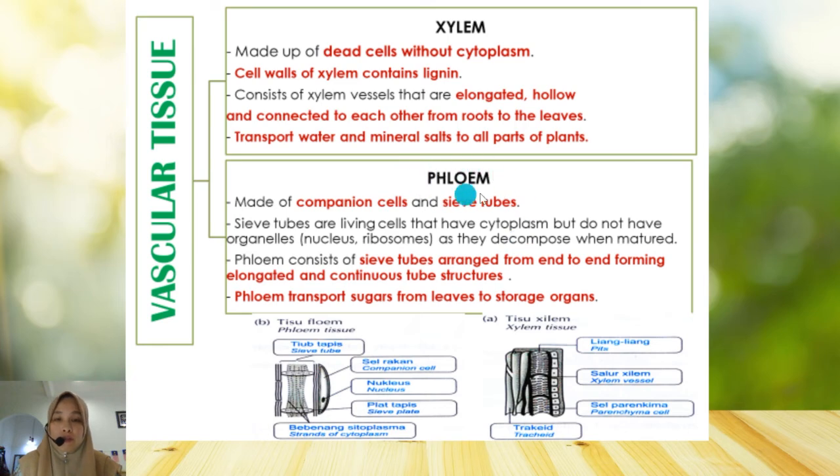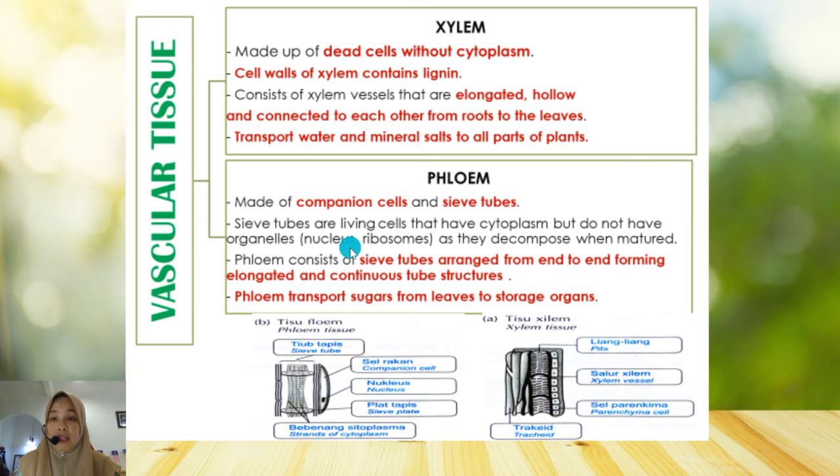Next, we go to the phloem, the second type of vascular tissue. It is living tissue made up of companion cells and sieve tubes. Sieve tubes are living cells that have cytoplasm but do not have organelles, as they decompose when matured.